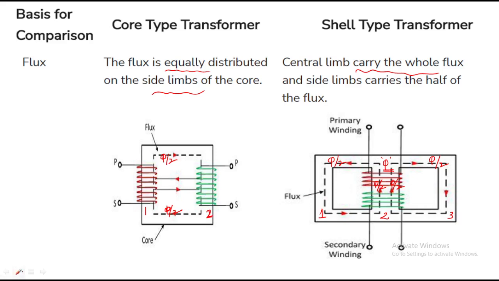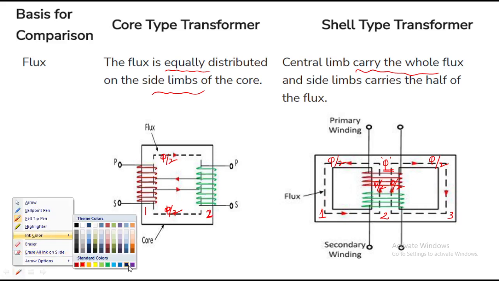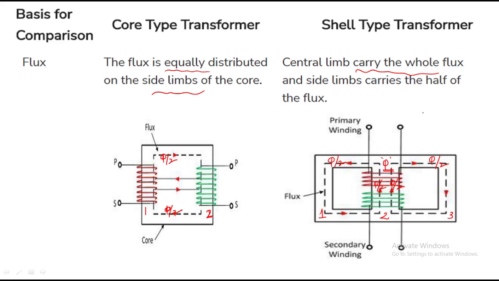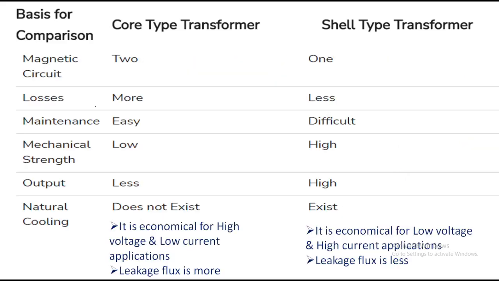So obviously limb 1 carries half of the flux, limb 3 carries half of the flux, and limb 2 carries the total flux. So this is the flux distribution, and these are the other differences.